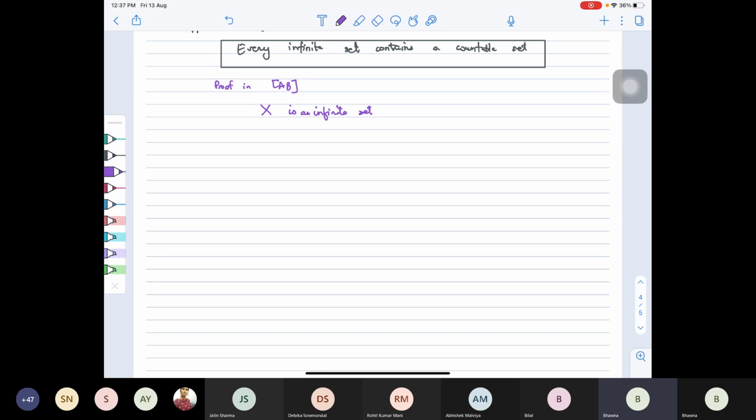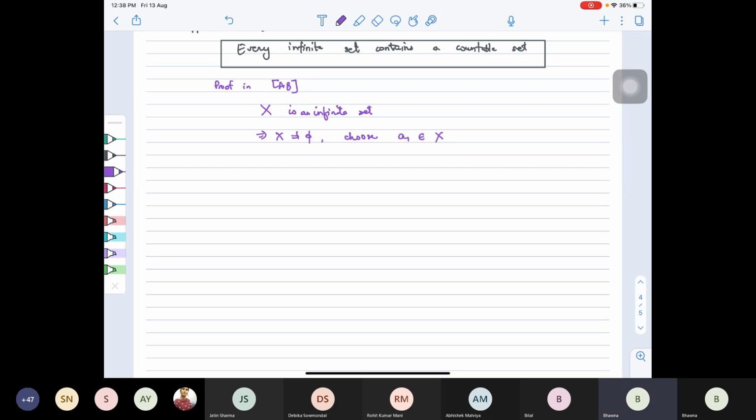If X is an infinite set, it directly means that X is non-empty. So we choose a point, say A1, in X. I can choose any point A1 in X.